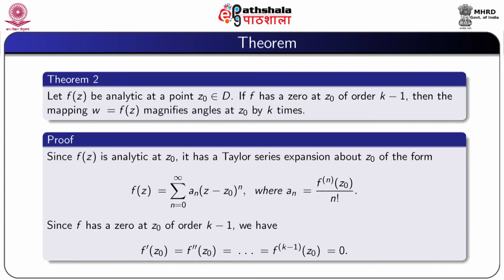Since f' has a zero at z0 of order k minus 1, we have f'(z0) = f''(z0) = ... = the (k-1)th derivative of f at z0 = 0.